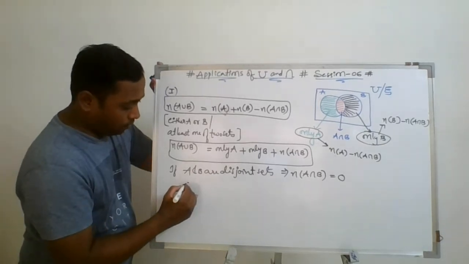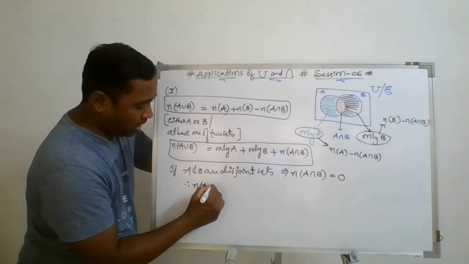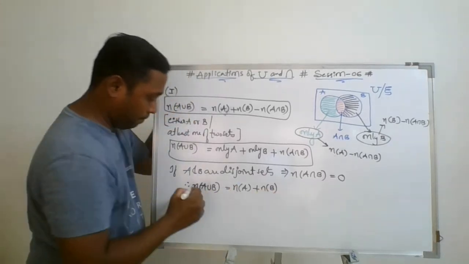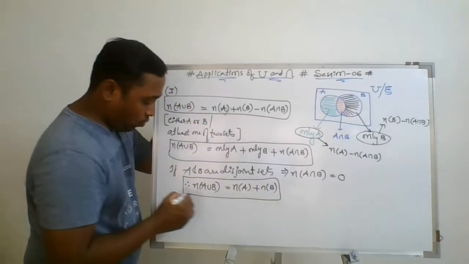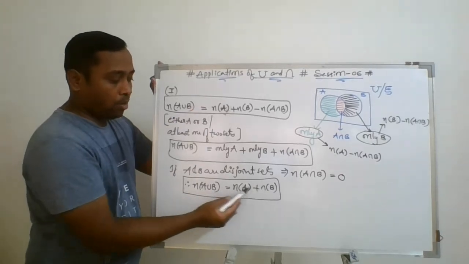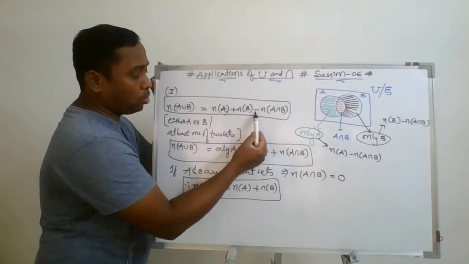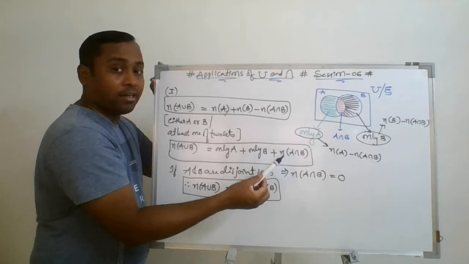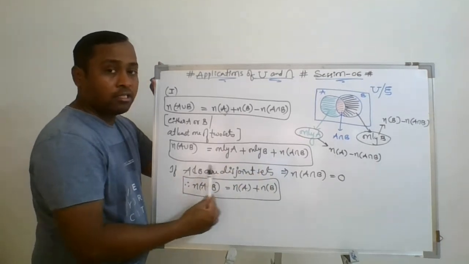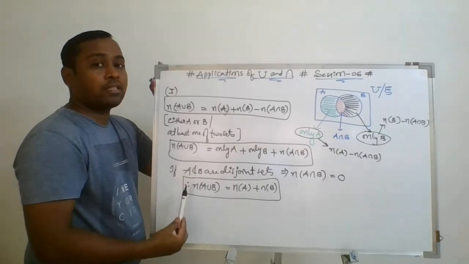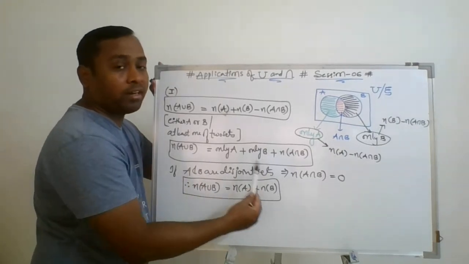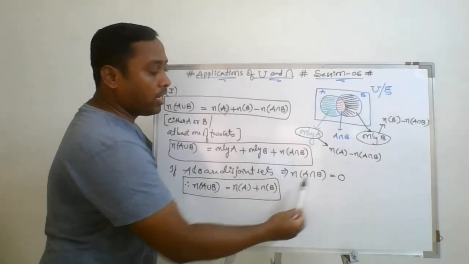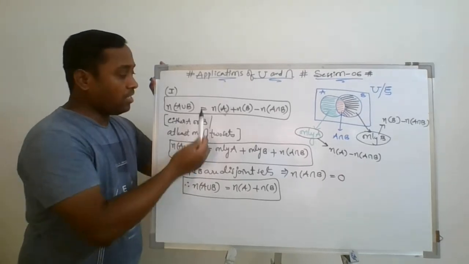Therefore, in this case, number of A union B is written as number of A plus number of B. Are you getting me? The formula is reduced to number of A plus number of B, meaning this portion becomes 0. It is only possible when they have no common element. In that case, the sets are called disjoint sets. If the given two sets are disjoint, meaning there is no common element, the intersection portion will be a null set, hence the number of A intersection B will be 0, and the formula reduces to this.